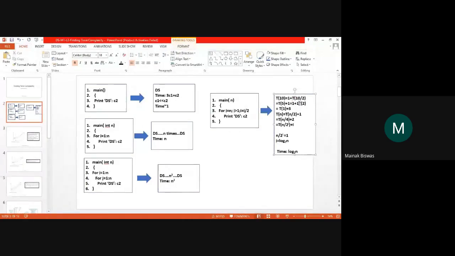1 plus 1 plus, yes, it has already printed for the earlier time. This is the earlier one, this is the new one. It will print and it will become 2. 2 is still greater than 1, so it will again print, 2 will become half, and again DS will be printed, a third time.